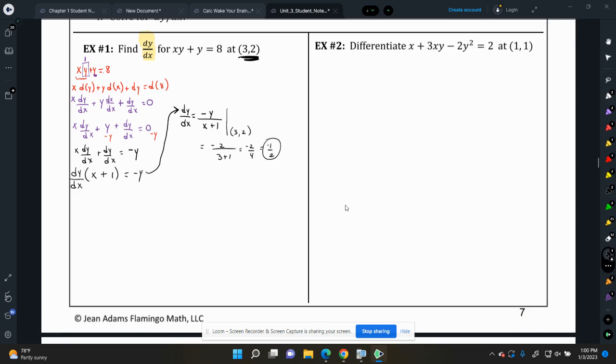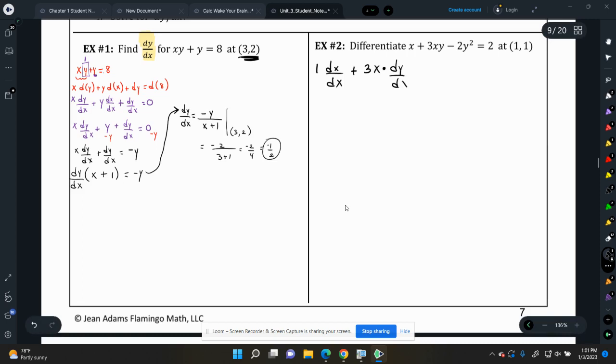All right, so we're differentiating. Now, what's the derivative of x? It's 1 dx dx, the derivative of x with respect to x. Plus, now we've got a product rule. So this is going to be the first, 3x, times the derivative of the second, dy dx.